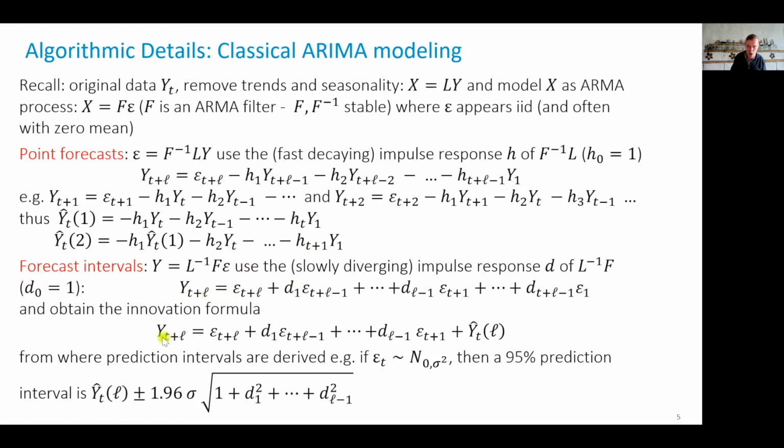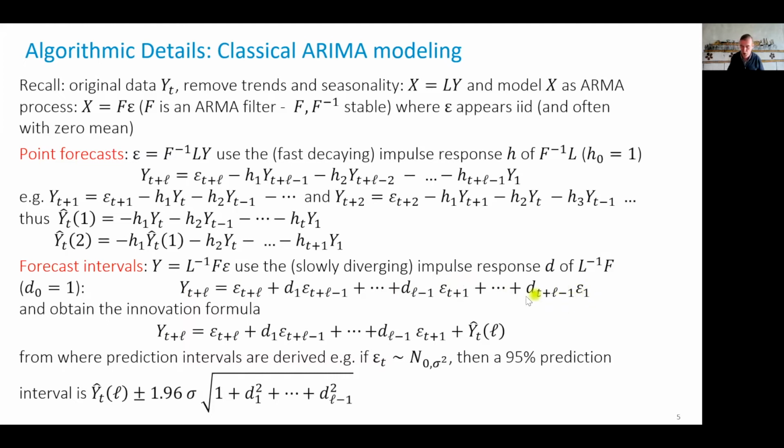But what this tells us is, for example, that if I look at this summation, if I look at all the terms that are after time t, when I am at time t and I know everything up to time t, because the filters are causal, knowing y up to time t is the same as knowing epsilon up to time t.